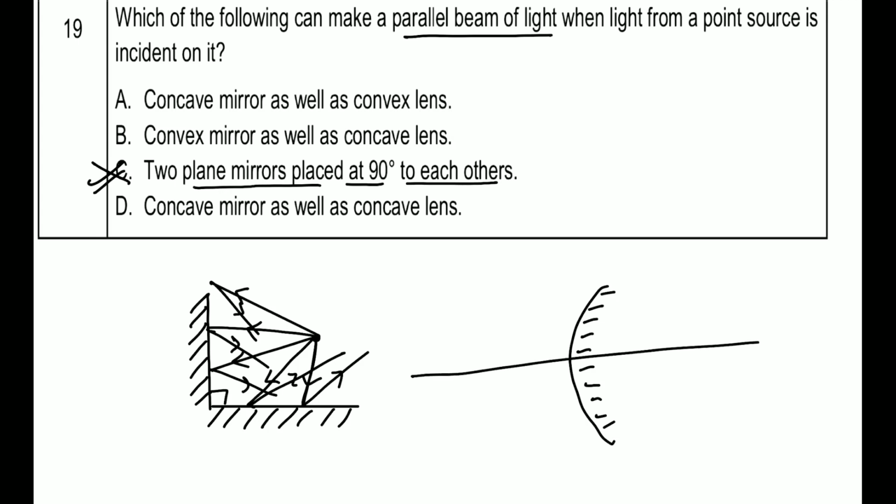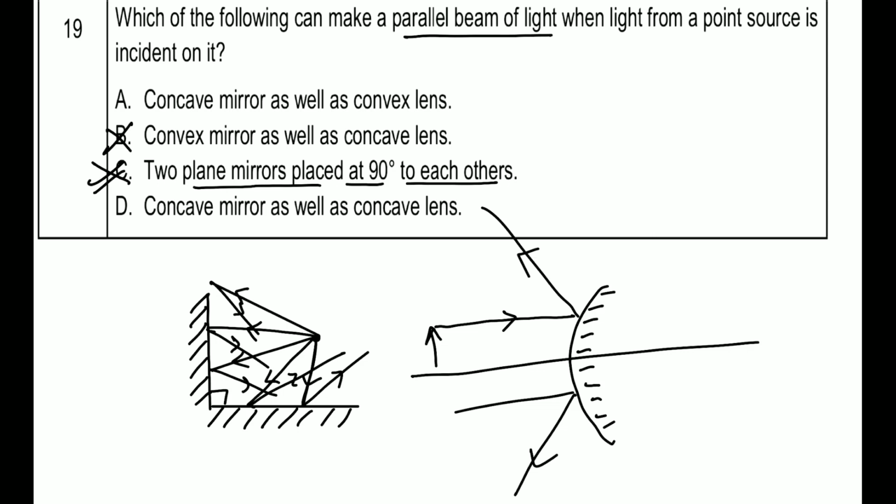Whatever light comes from the object, it will simply reflect in all possible directions. So it is actually a diverging mirror, so this will not be the option again.